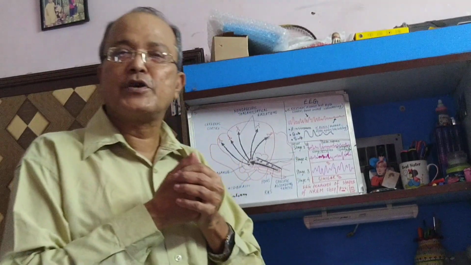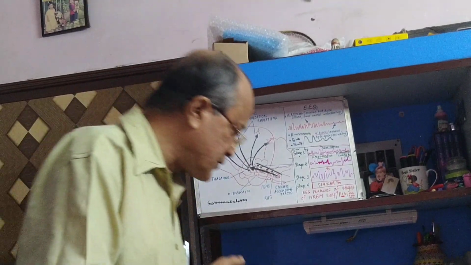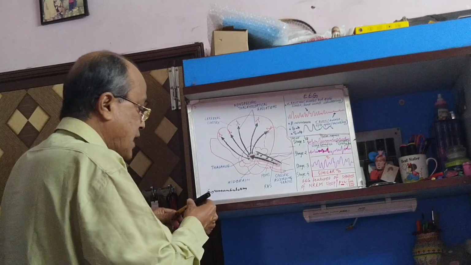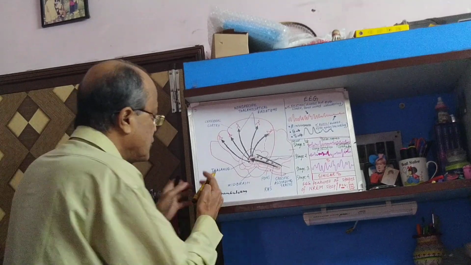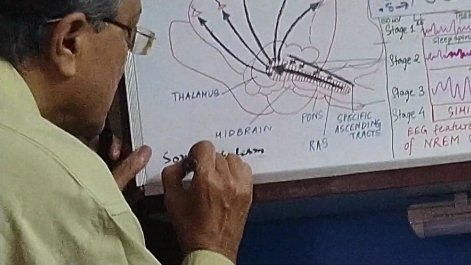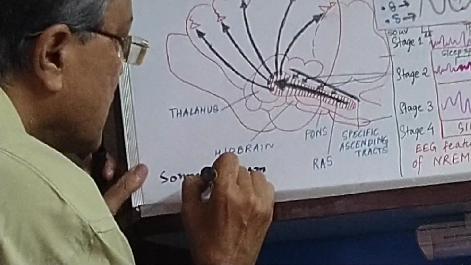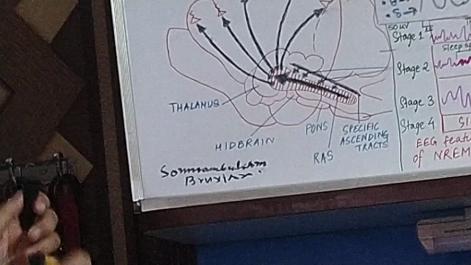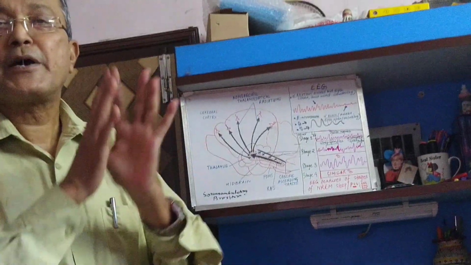There may be grinding of teeth during sleep, known as bruxism, B-R-U-X-I-S-M. So these are the other abnormalities of sleep apart from insomnia.